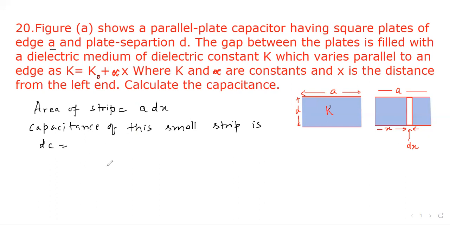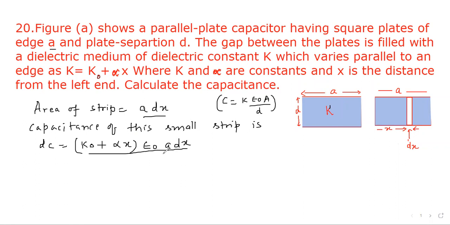So dC will be equal to, here the dielectric constant is K0 plus alpha x, since capacitance is given by K times epsilon naught A divided by d. So from the same concept, in place of K, we write K0 plus alpha x times epsilon naught, and area is a dx, divided by separation d.